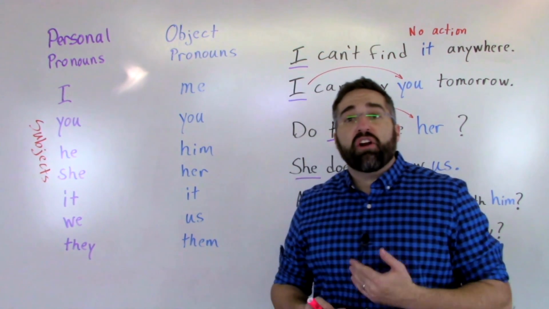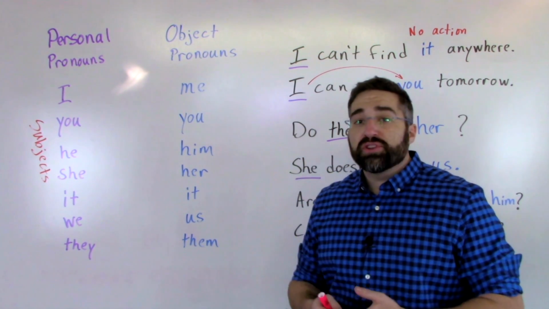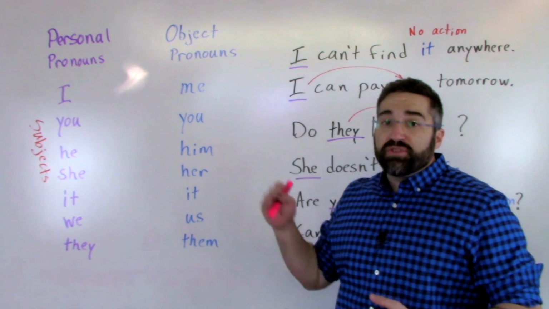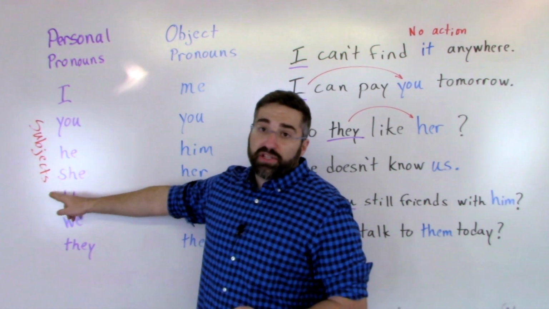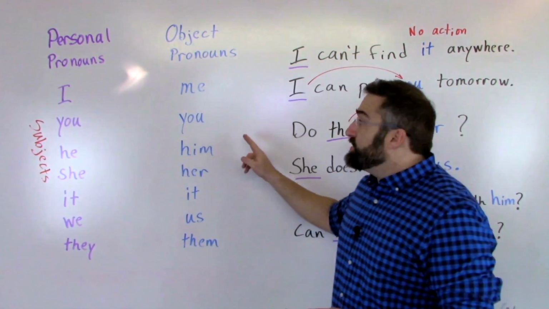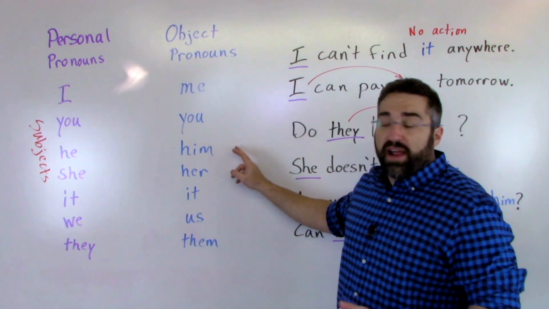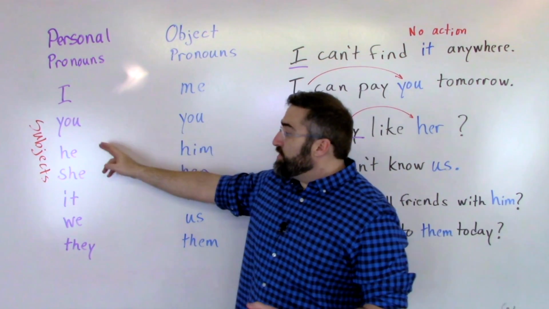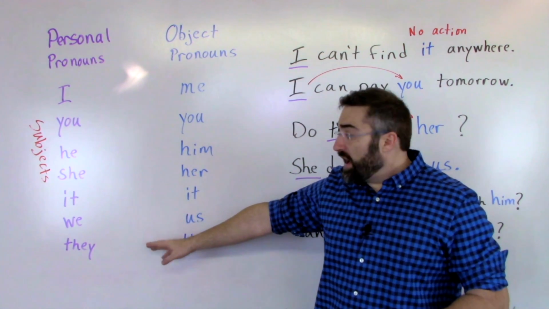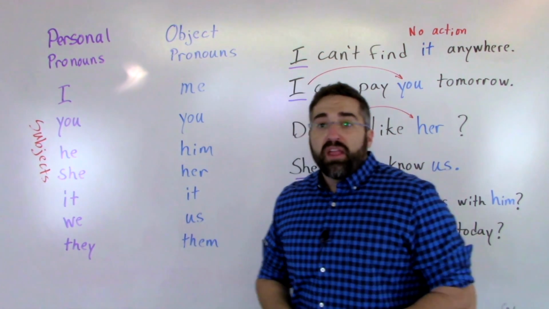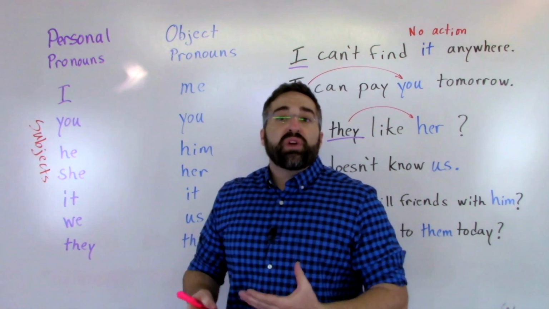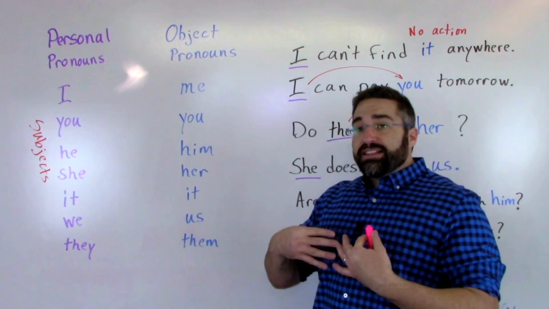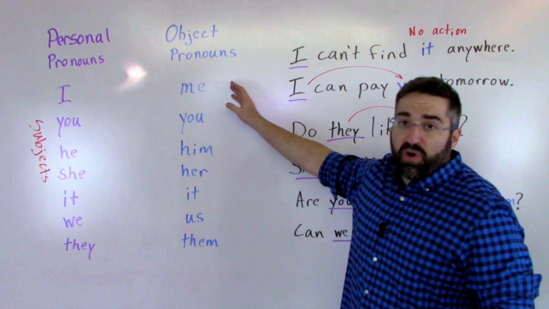So let's look at our personal pronouns and our object pronouns. These are our subject pronouns, whereas these are the object pronouns. So we have I, you, he, she, it, we, and they. These are the ones doing the action. The ones that get the action are the object pronouns.